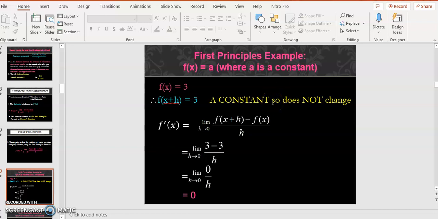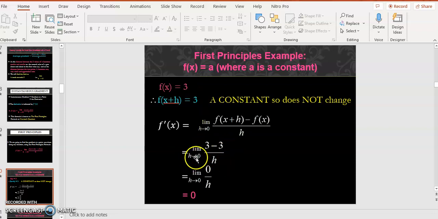Now, so this is the formula which will be given to us. You write the formula, then you substitute f of x plus h. What is f of x plus h? It is 3, minus f of x, which is also 3, divided by h.